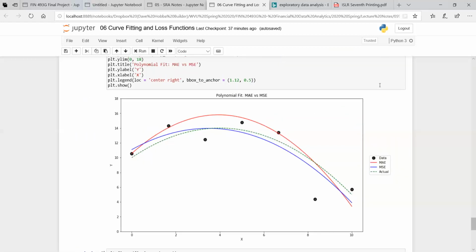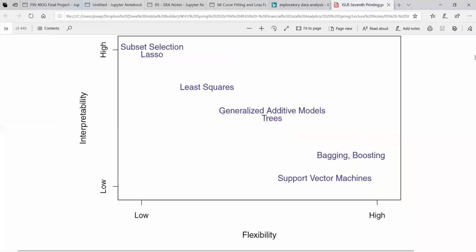And then if you take this another step further, in the book, on page 39, you have interpretability versus flexibility. So with this, you have least squares right here. This is ordinary least squares, what you commonly use in econometrics. And from there, you can have more flexibility.